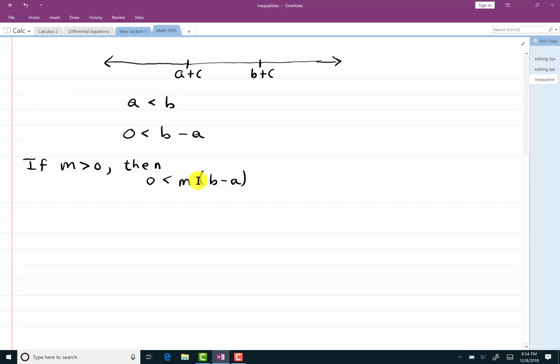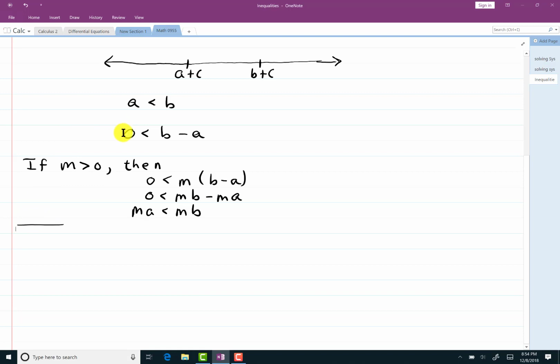And then let me go ahead and distribute the M through. And then I'll add MA to both sides. So the point I'm making here is when A is less than B, if I multiply by the number M, whatever it may be, as long as it's positive, the inequality is going to point in the same direction as it did before.